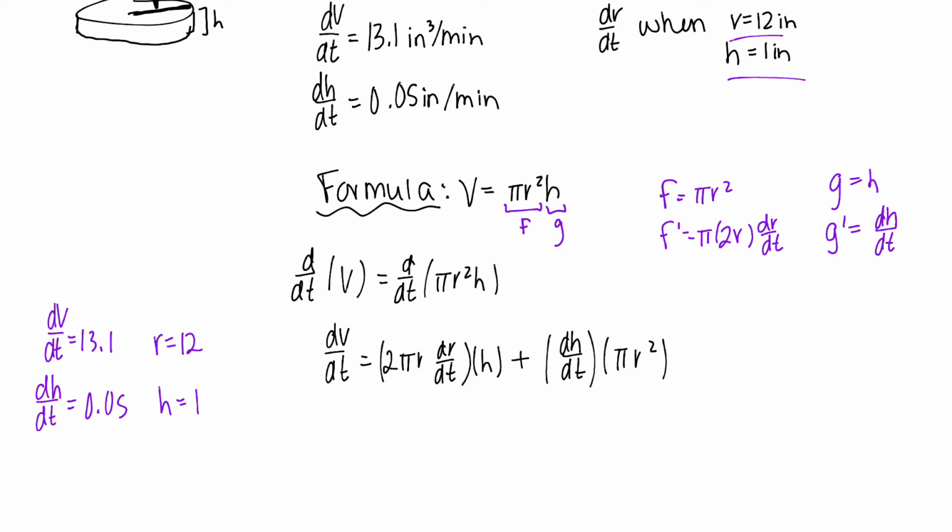Now, we could get dr/dt by itself to begin with, but it's honestly just easier if we plug in right away. So dV/dt is 13.1 equals 2 pi, r is 12, h is 1, and then dr/dt, plus dh/dt is 0.05 times pi times r squared, so 12 squared.